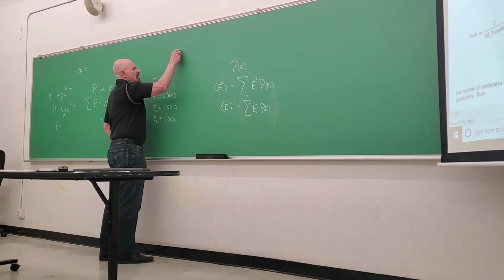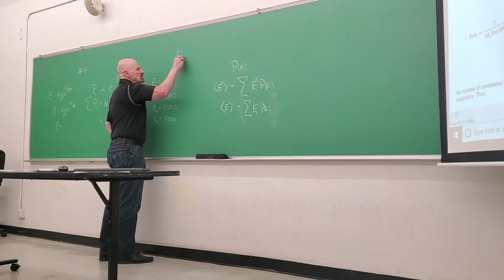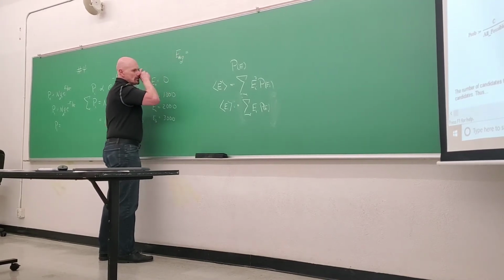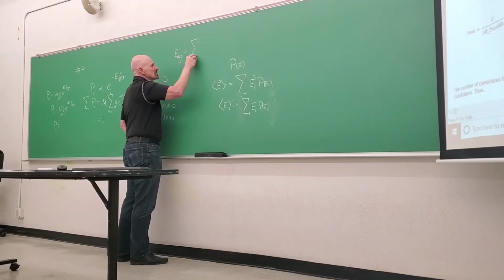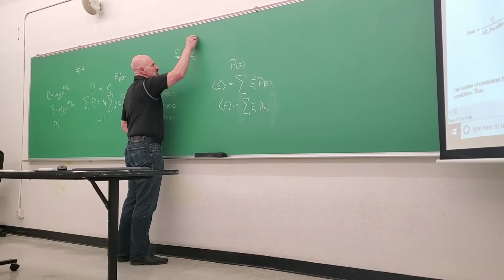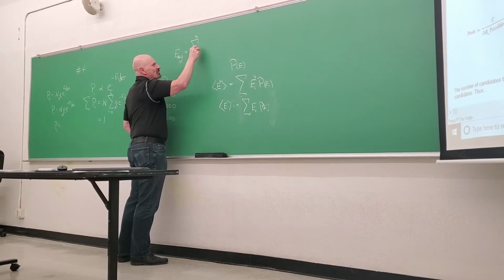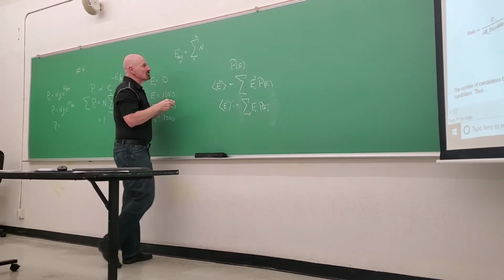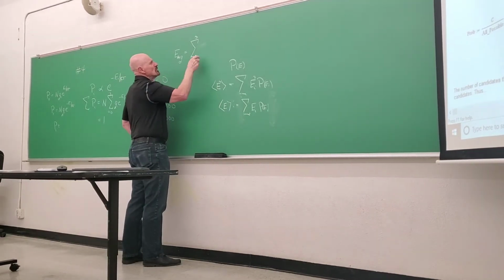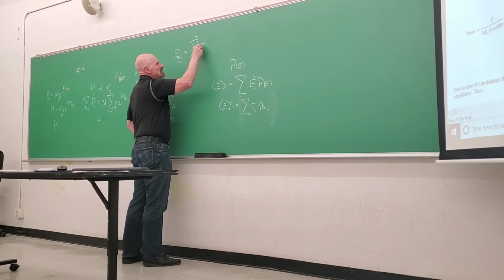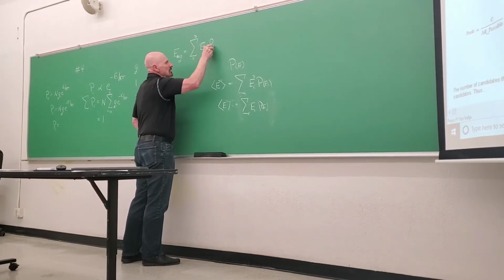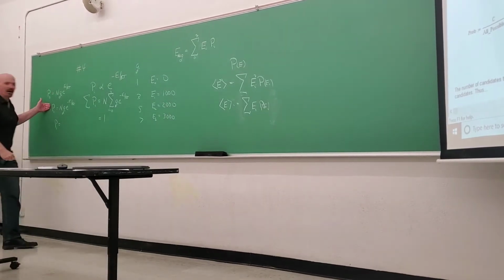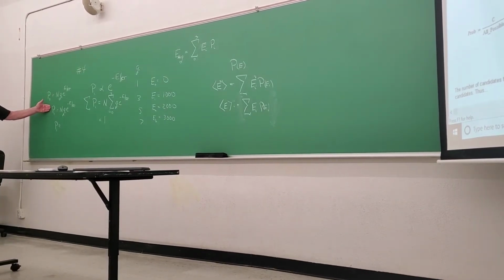You'll see something like E average will be equal to a summation from 0 to 3. Well, actually, no, do it this way: you'll have E of I times P of I, which the P of I has been calculated here. So you'll have this in place.